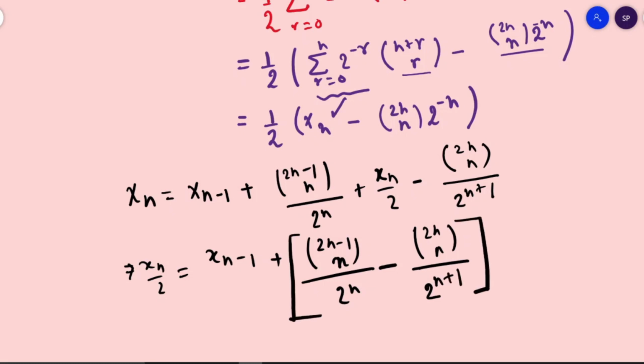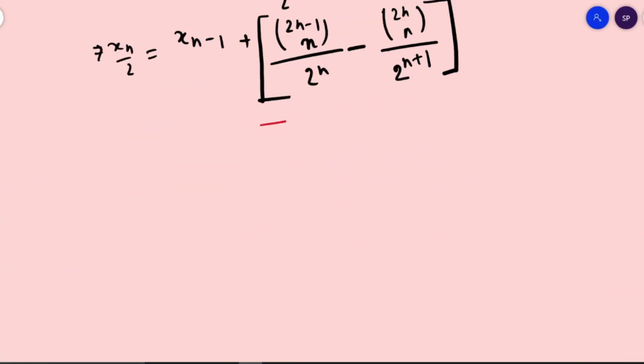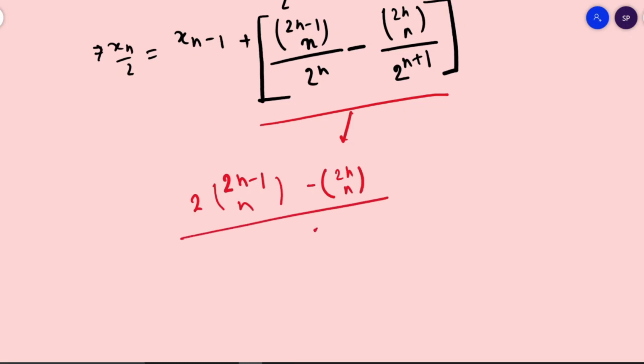So we are concerned about this thing right here. Now this can be written as (2n minus 1 choose n) times 2 minus (2n choose n), by 2 to the power n plus 1. Now the expression (2n minus 1 choose n) can be written as (2n minus 1) factorial over n factorial times (n minus 1) factorial, times 2.